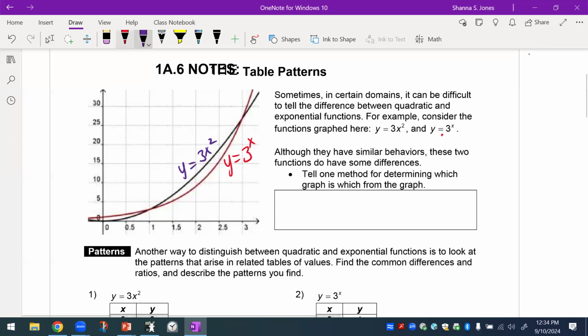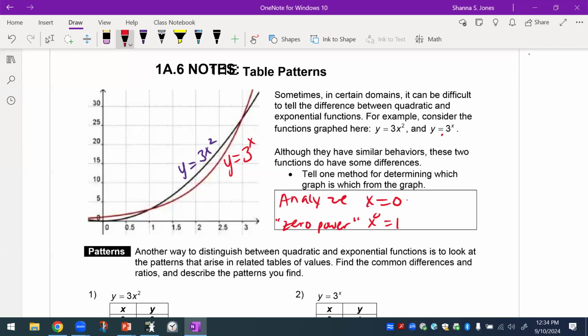Without paying attention to that, what you should pay attention to is what is happening at x equals 0. So one method for determining which graph is which from the graph is to analyze x equals 0. The reason why we analyze when x equals 0, does anyone remember the zero power rule? The zero power rule is that any number to the power of 0 equals 1.